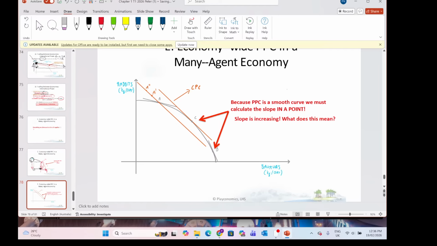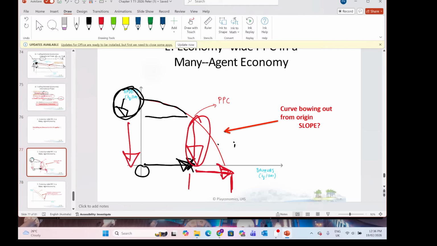So, what do we do then when we think about our world trading price?